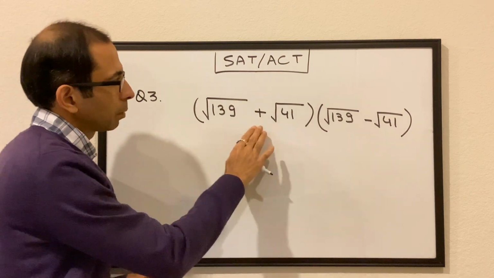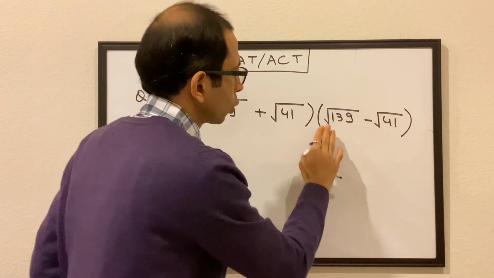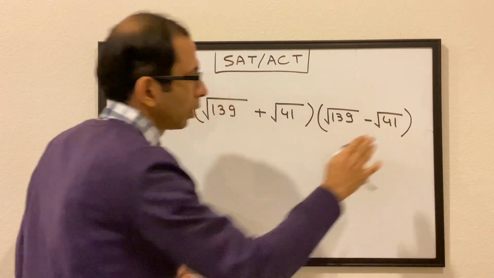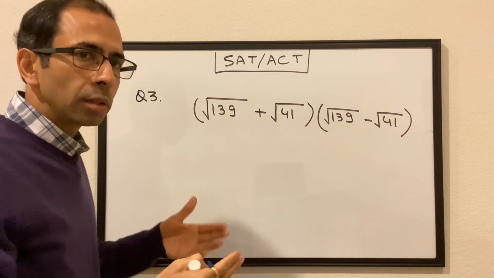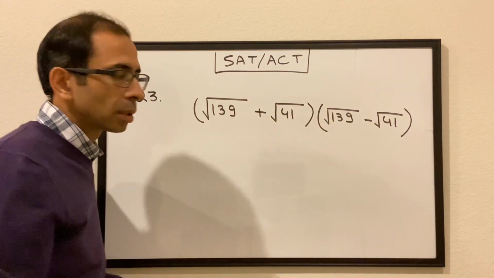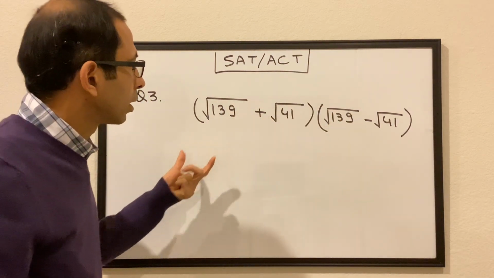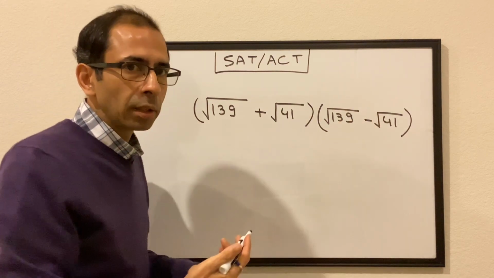Square root of 139 plus square root of 41, everything combined, multiplied with square root of 139 minus square root of 41. Correct? So when we see something like this, obviously we can use the FOIL method and we can multiply each one of those terms. But then if we really look a little closer, this is of the form a plus b times a minus b, right?